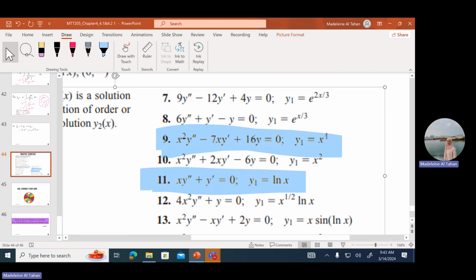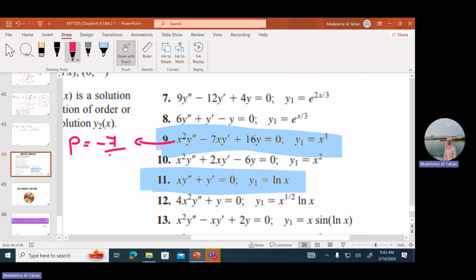Okay, so we need to write it in standard form, right? When we write it in standard form, P will be negative 7 over x, right, miss?